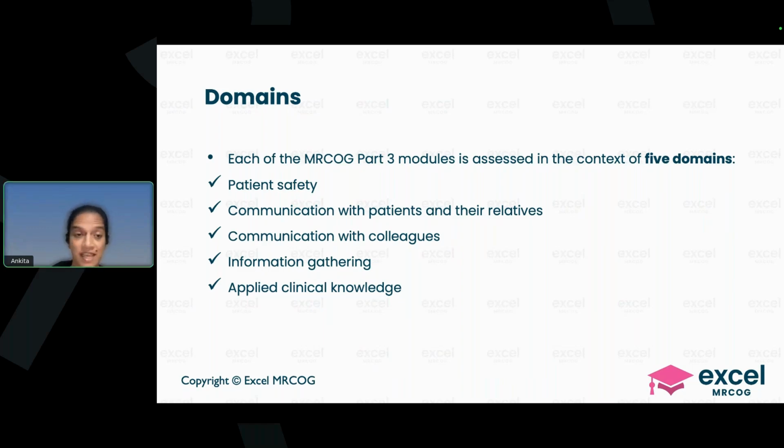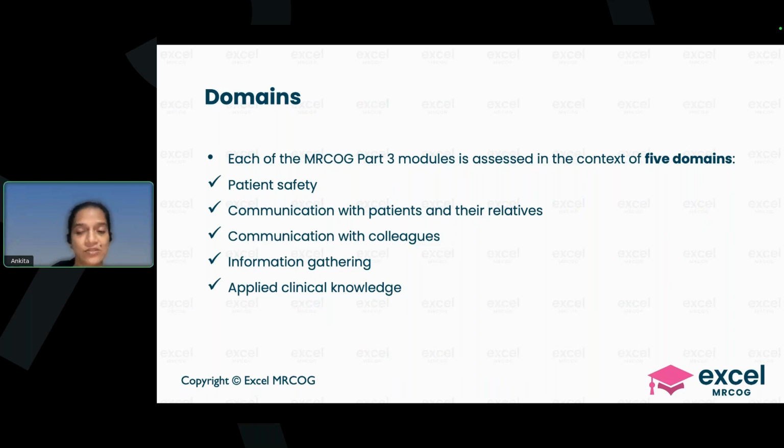Okay, it's a structured discussion on von Willebrand disease in pregnancy, and you have not mentioned involving the hematologist, the blood bank, the consultant, etc., in your care. You will lose completely on communication with colleague. Just a single sentence would have helped, right? That is why pay special attention to this particular domain of communication with colleague.